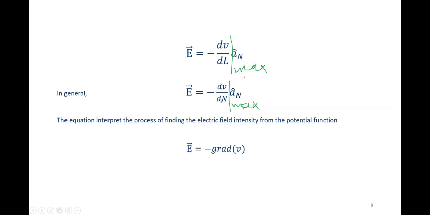You can also represent dV by dN a_n unit vector as grad V, or you can write this equation in this form, that is E field is equal to minus del V, where del represents the nabla operator. So the negative gradient of scalar potential produces a vector electrostatic field.